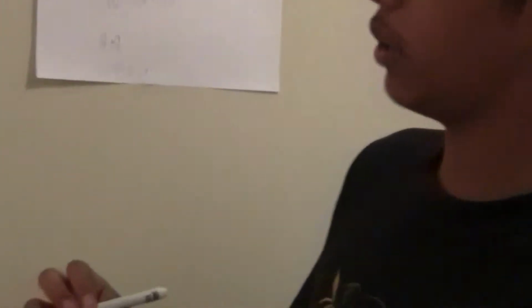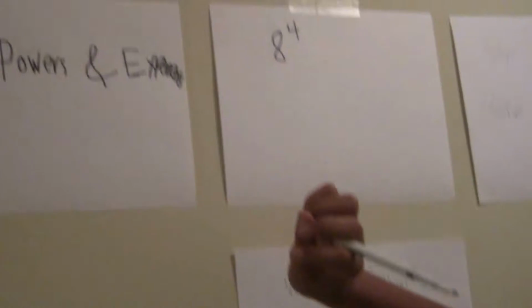Now, there are 2 key words. So let's do this. That is 8 to the 4th. You would read that as 8 to the 4th power. The base would be 8 because that's the number. And now there is a clue. Which one is the exponent?